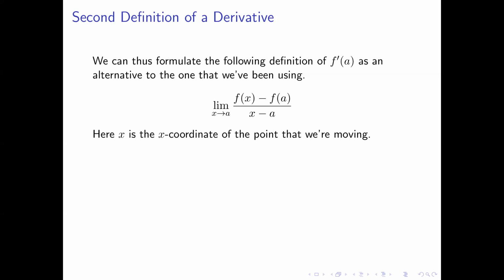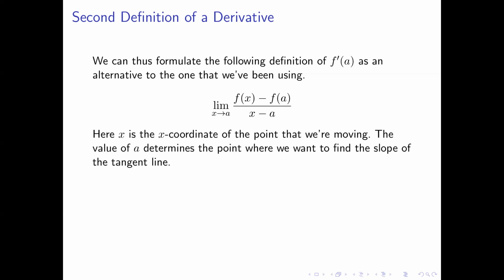Now here we have x, which is a variable, and it plays the role of the x coordinate of the point we are moving closer and closer to the fixed point that we're working with. So this is what we were calling B earlier, but now since we're changing it, we'll use x instead. And then A is the x coordinate of the point where we want the tangent line or the slope of the tangent line.